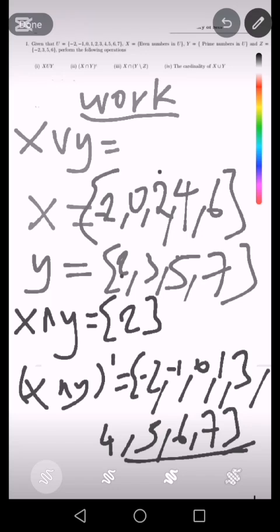Now the third question, which is x intersection y over z.